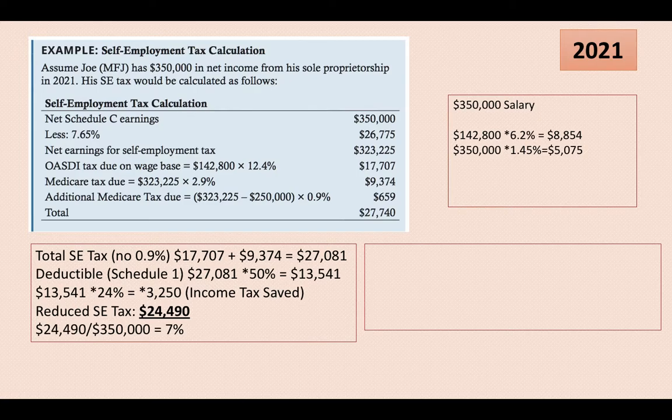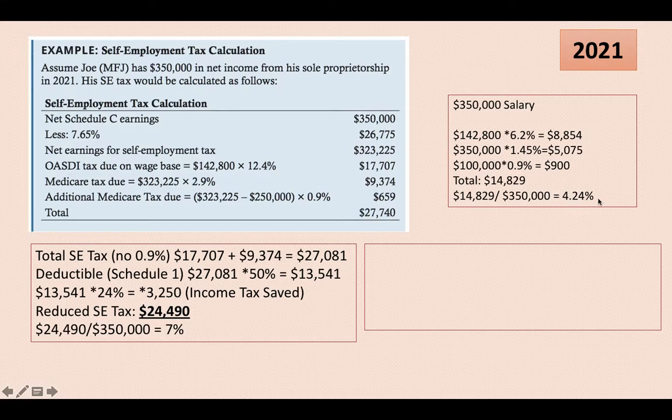Then this is your Medicare tax, 1.45%. Then you have additional Medicare tax, which is $900. So you add the three together, you would get 14,829. So basically the percentage of your salary is 4.24%.